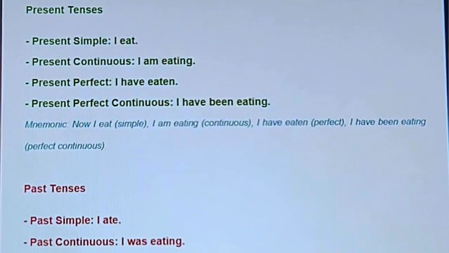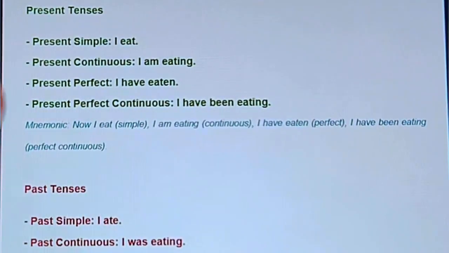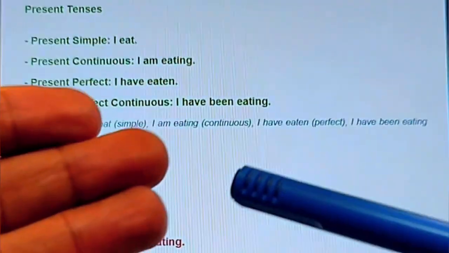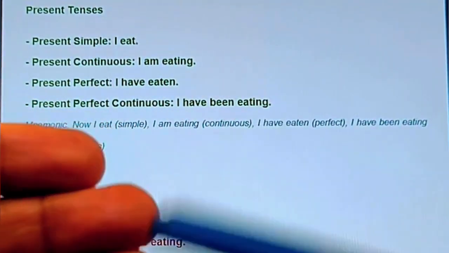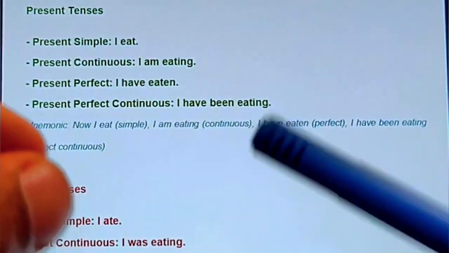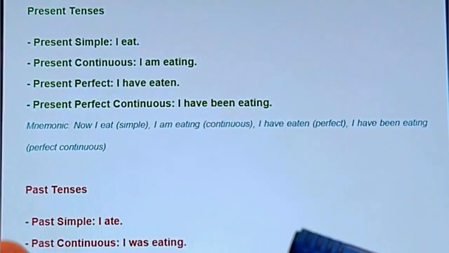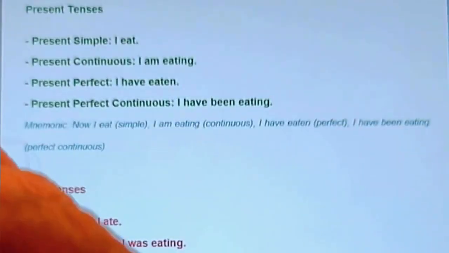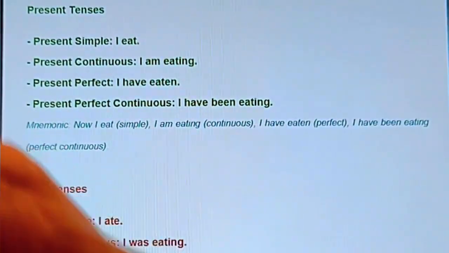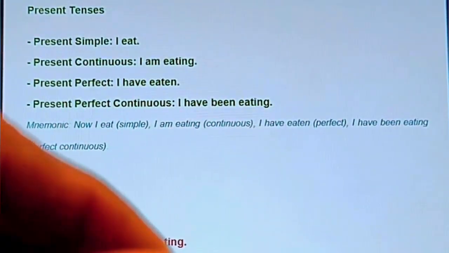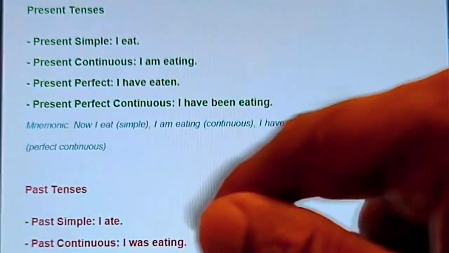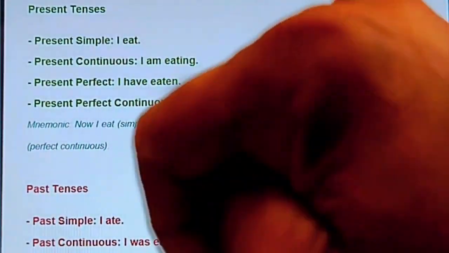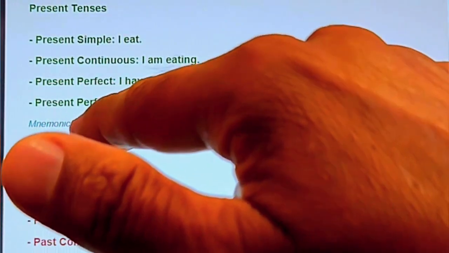So what is mnemonics? Mnemonics is a small group of words or any sentence you can create by adding a few words to remember anything. This is a mnemonics technique or trick. For example, using this technique here, for the present tense we have the word now.